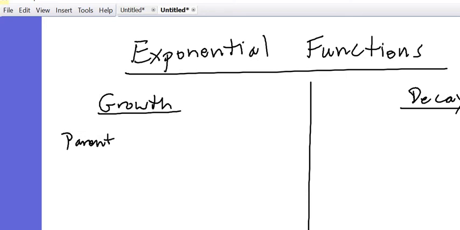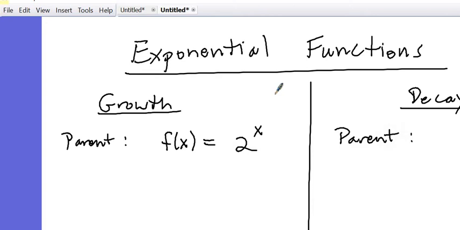So the parent growth function is going to be f of x equals 2 to the x. The parent decay function is going to be f of x equals 1/2 to the x, and I'll let you finish copying this.